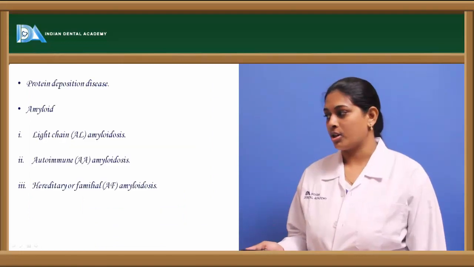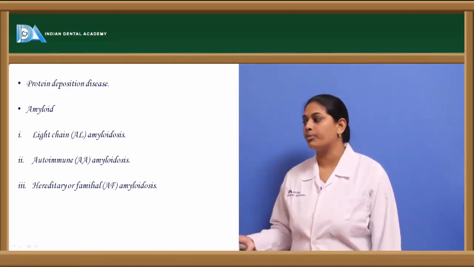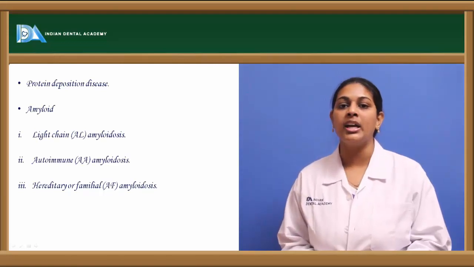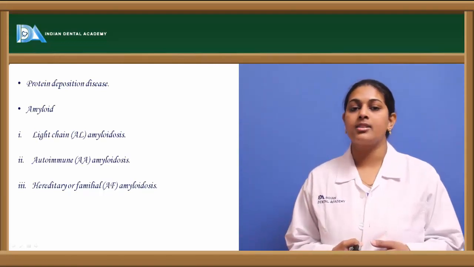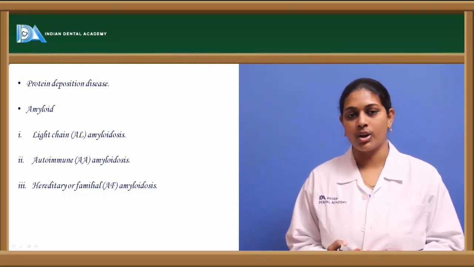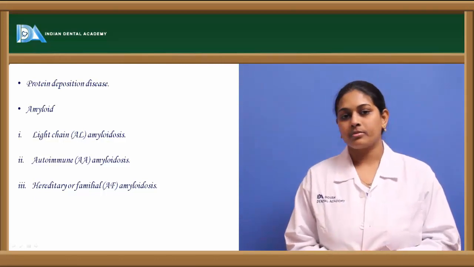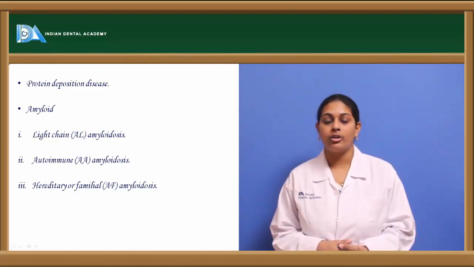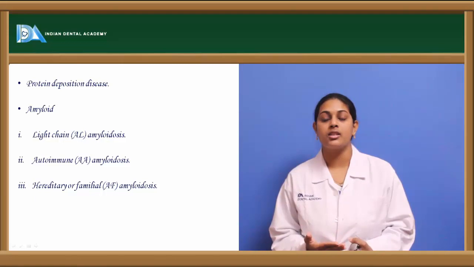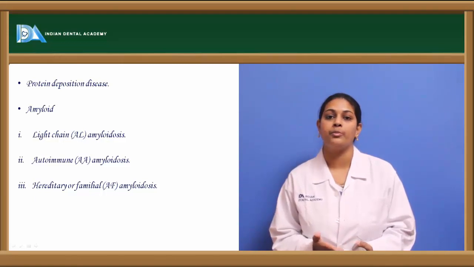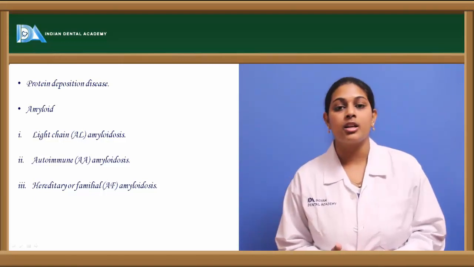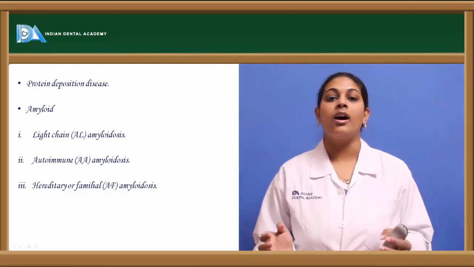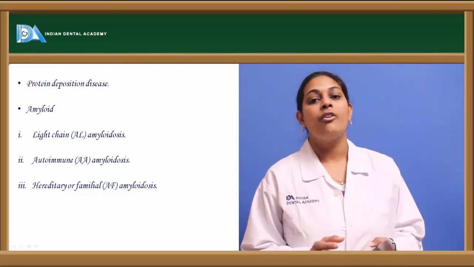So coming to amyloidosis. Amyloidosis is a protein deposition disease. That is, proteins which are non-soluble are being accumulated in an area, resulting in a condition known as amyloidosis. When an insoluble protein is not being broken down or further metabolized, it breaks down into polypeptides, and these polypeptides result in the formation of fibrils. These fibrils are thread-like structures which together accumulate, forming a fibrillar protein.